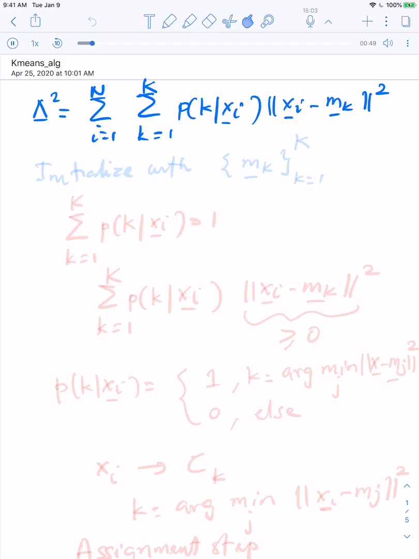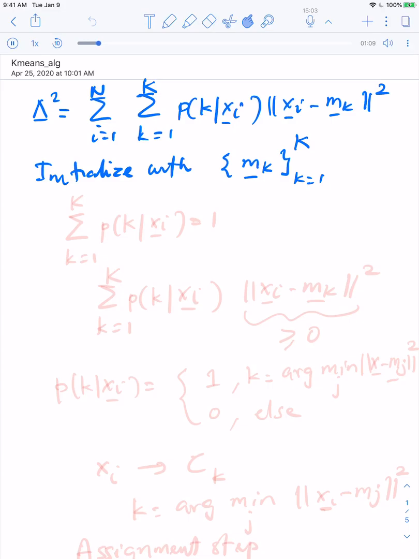So you start with, so initialize with some choice of these cluster centers, mk, for k equals 1 to capital K. So basically what we do then is assign the data points to the cluster centers.